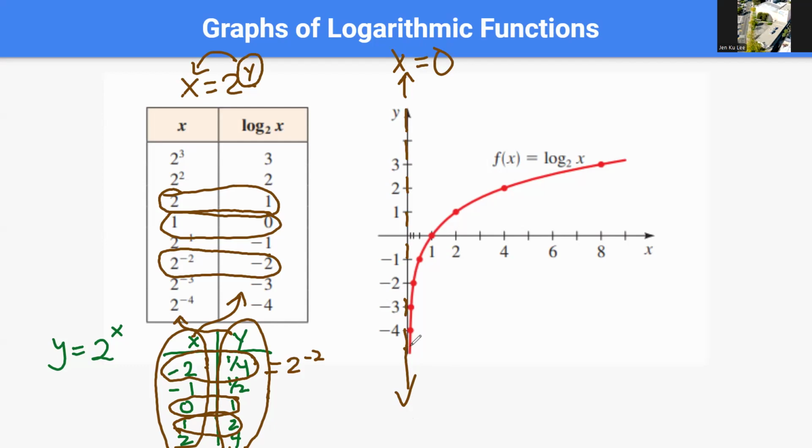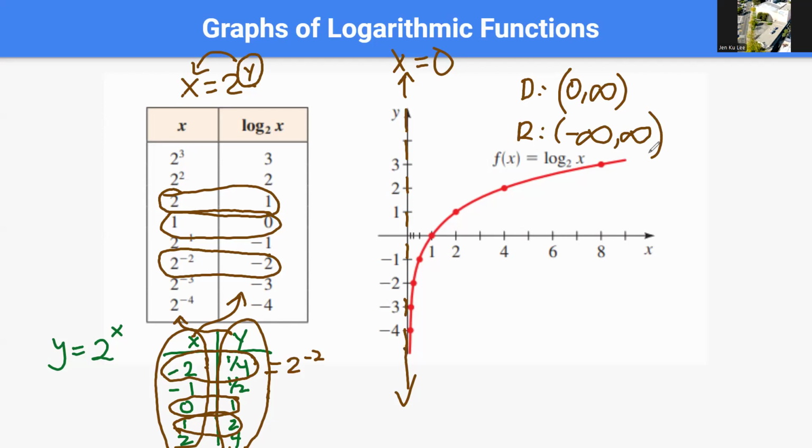So here your domain will be 0 to infinity, whereas it cannot equal 0. And your range would be negative infinity to positive infinity. Notice that your domain and range also flipped.